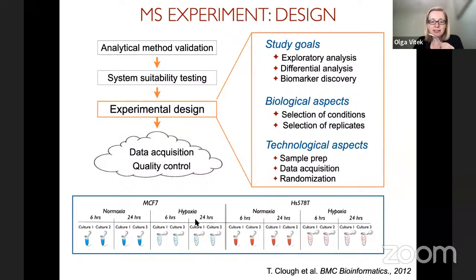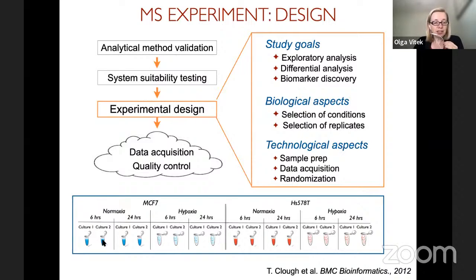Here's one example, an older experiment that we had. This was our collaborator comparing two breast cancer cell lines. These cancer cell lines were exposed to different levels of oxygen, like regular oxygen versus low oxygen. This oxygen exposure was done for different durations.